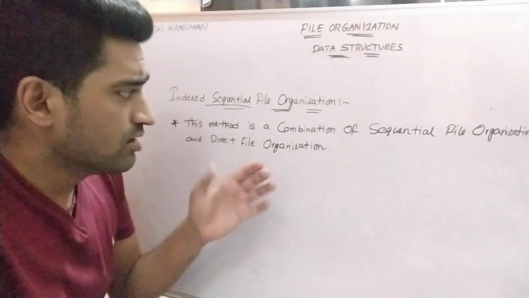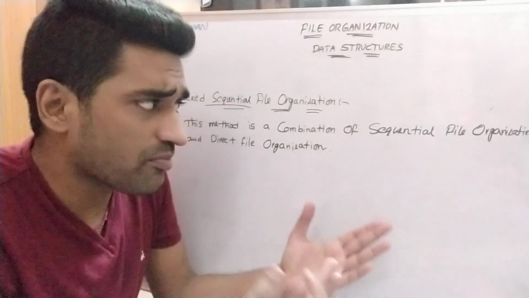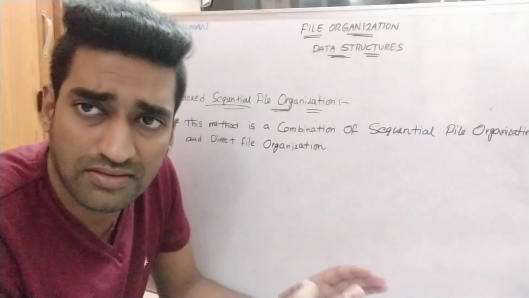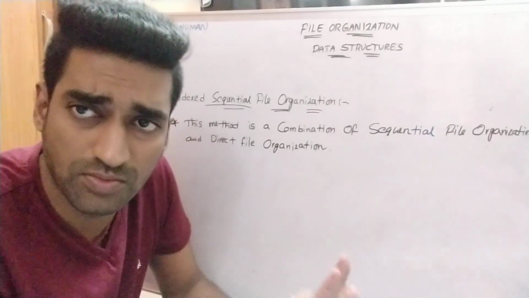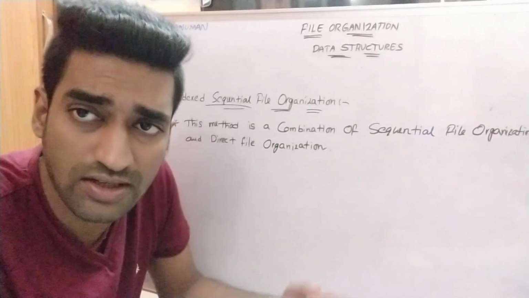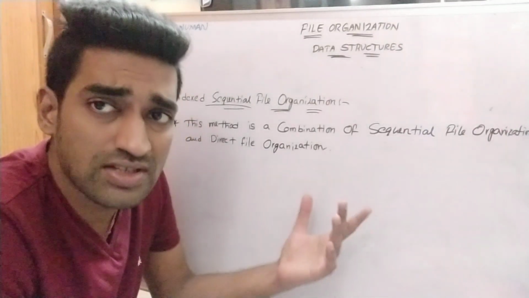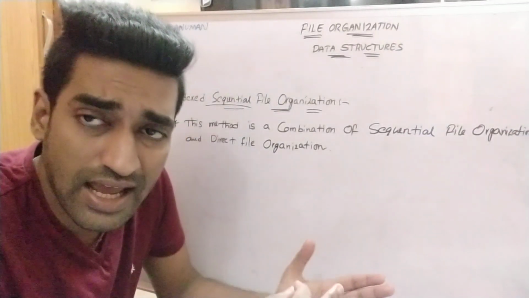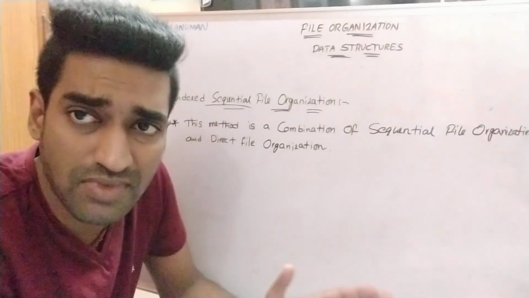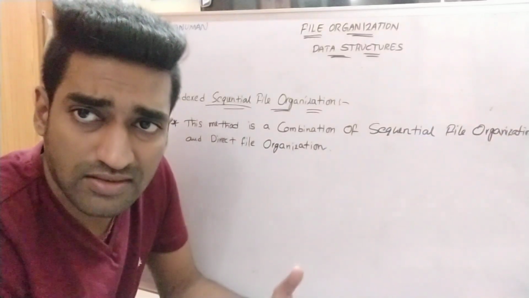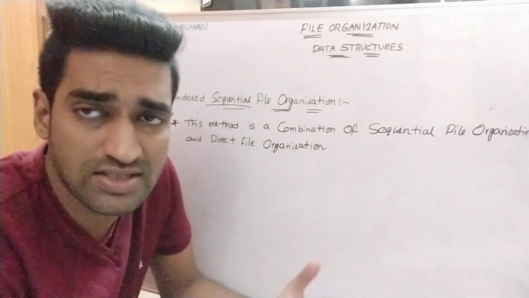In general, when we apply sequential file organization, the performance is very low. So to improve the performance of sequential file organization, we append some extra information to the sequential file.